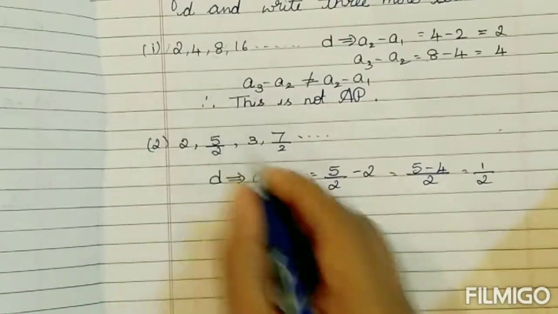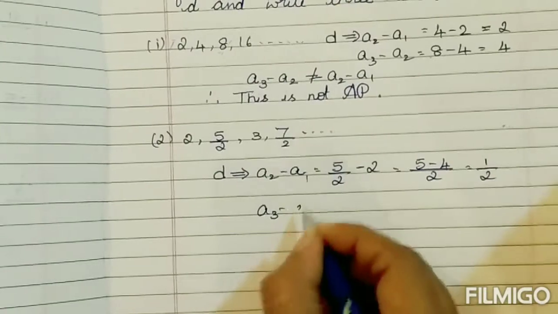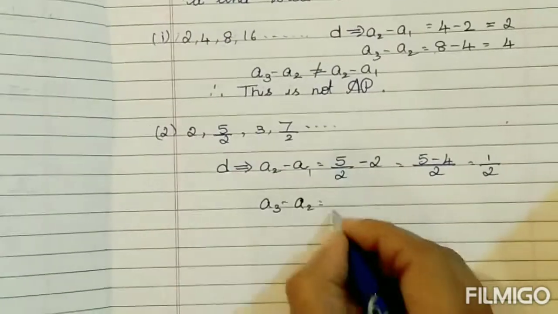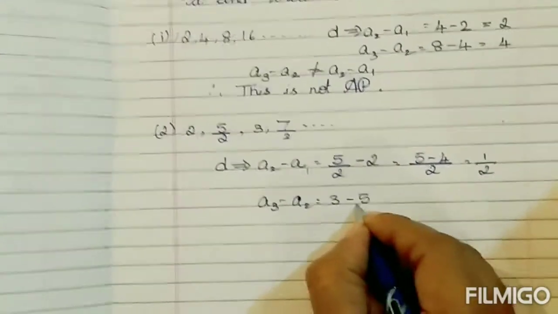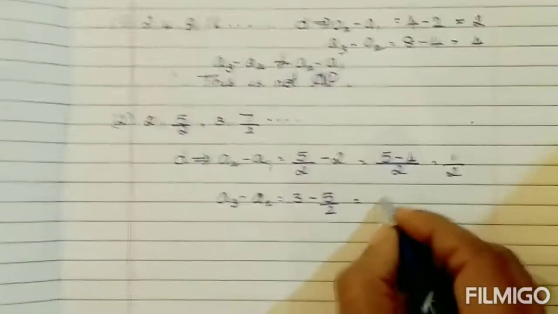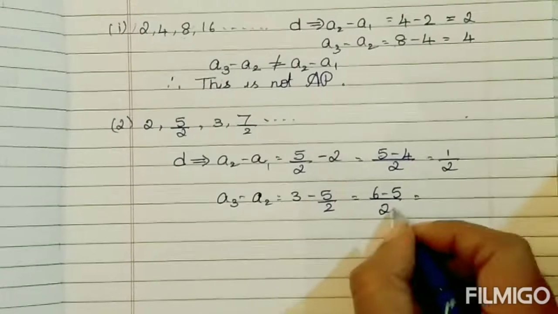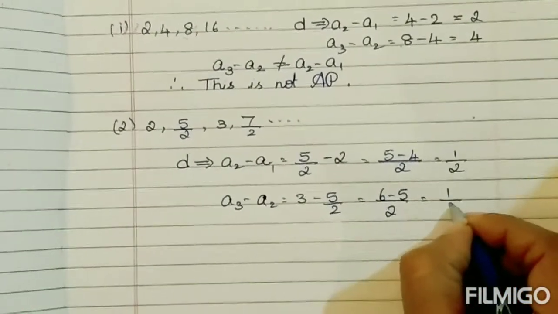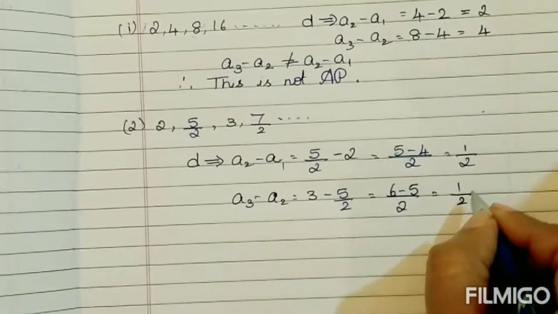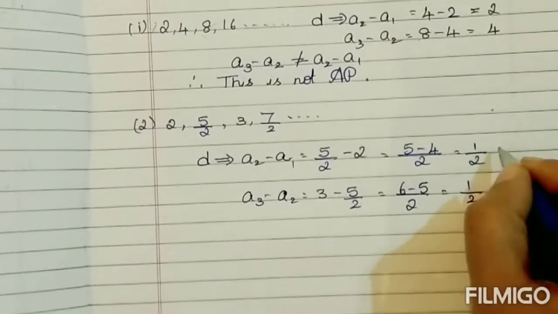Now third term minus second term. Third term is 3, second term is 5 by 2. So LCM is 2. 6 minus 5 is 1, so 1 by 2.